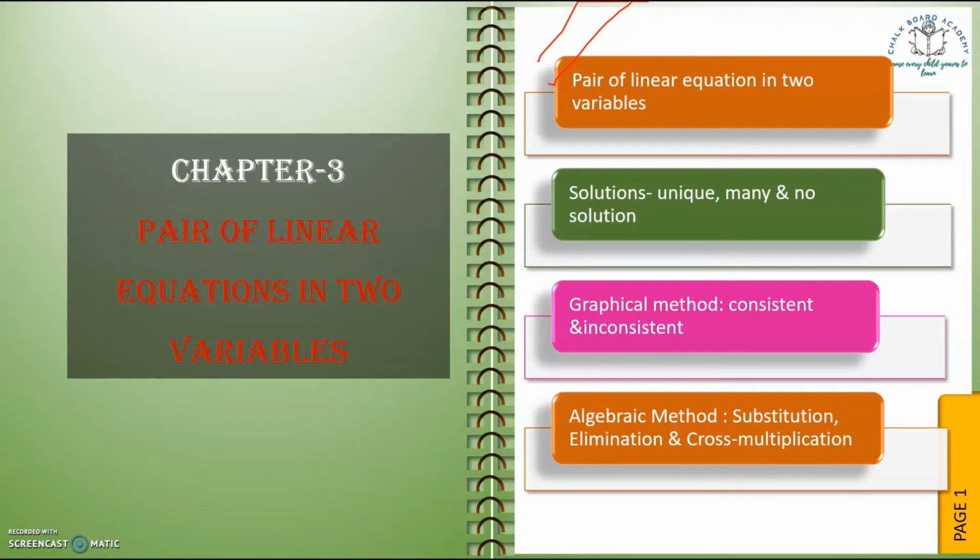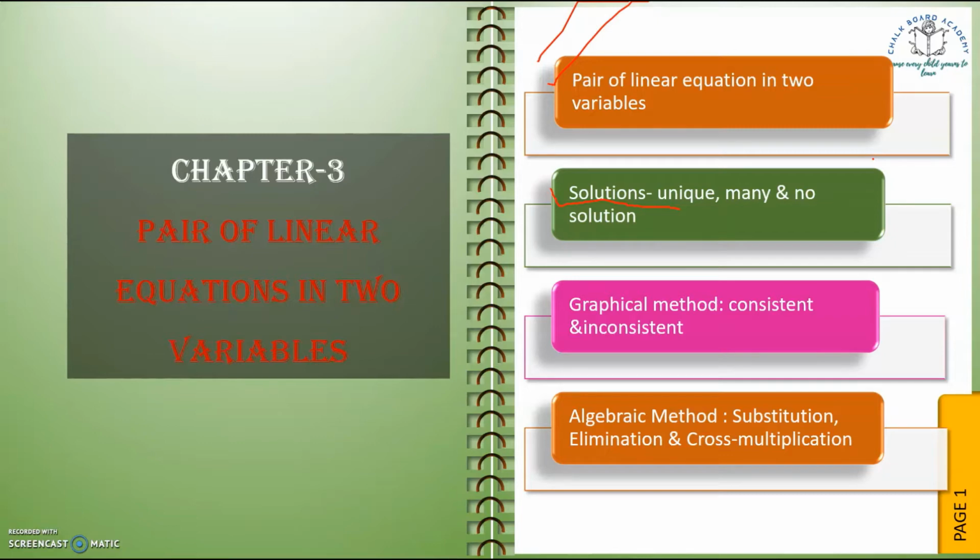First we will understand what is a linear equation in two variables, and thereafter we will talk about the pair of linear equations, that is two equations simultaneously. And then when we are talking about two equations, we will be discussing the solutions. Here we will have three types of solutions: unique solution, many solutions and no solution, depending upon the common solution we get in these two equations.